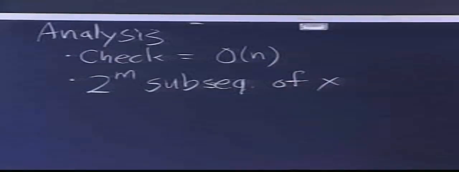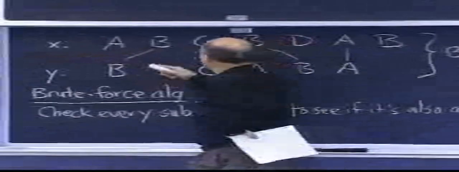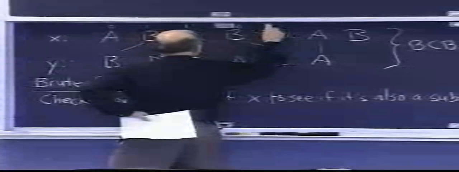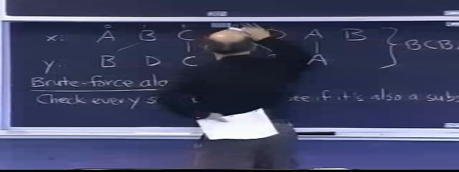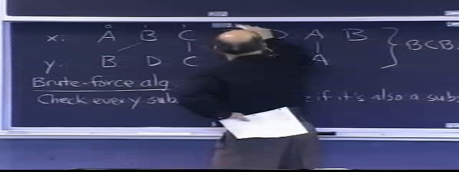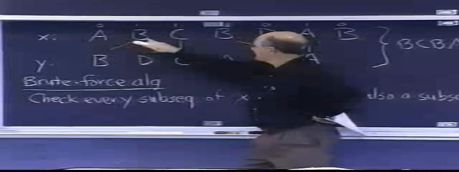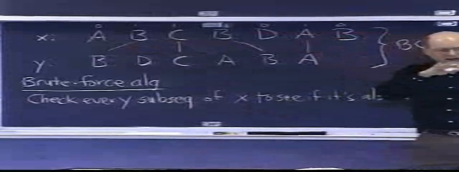The way you can see this is I can look at a bit vector of length m. So for every bit vector, it defines a subsequence. Where it's 1, those are the elements I pull out of the sequence.